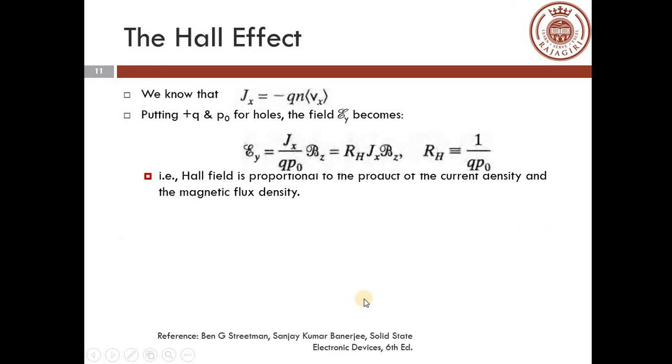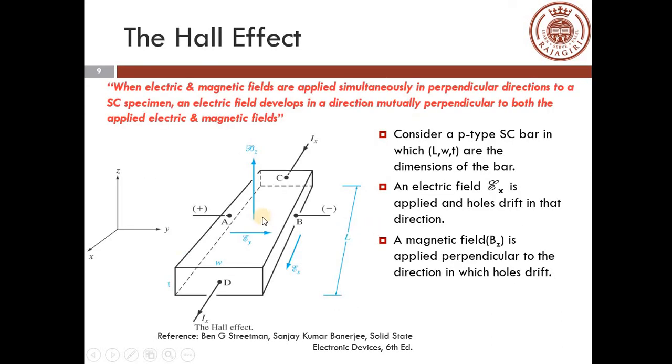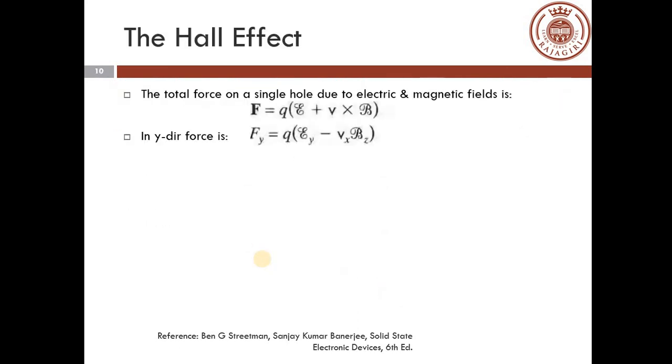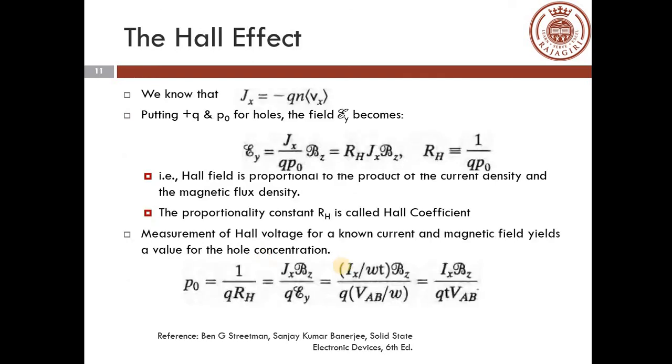Epsilon y is the field along the y-axis. Along the y-axis, the voltage is given as VAB and the length is W. So epsilon y can be written as VAB by W.